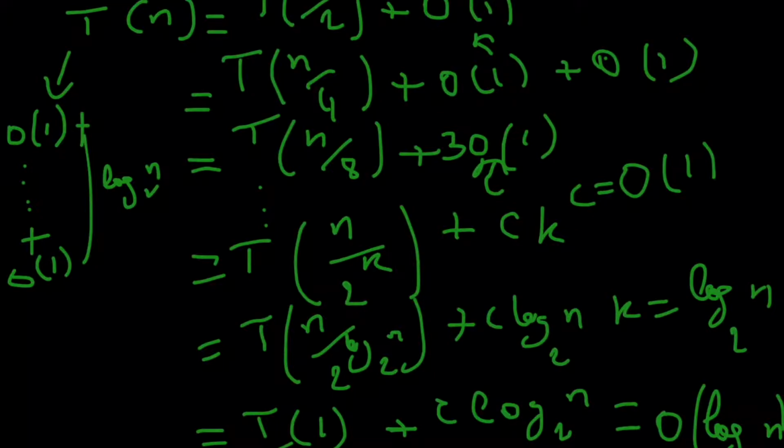You can visualize this as a tree where every time you go down the left path or the right, you divide the problem by 2, and the height of the tree would be log n. So at the end you would just have O of log base 2 of n. And that's basically how it is solved.